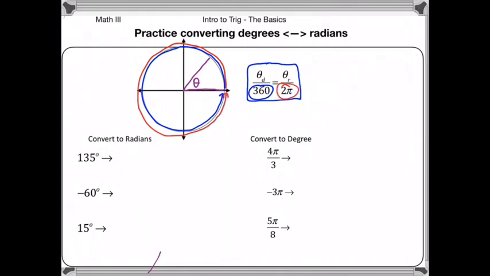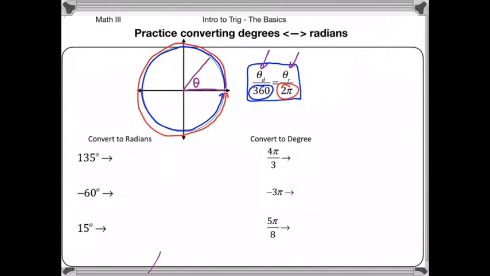Anytime we have degrees, we can plug in the degree measure and solve for radians. Or we can go backwards: if we have radians and want to solve for degrees, we plug radians in and solve for degrees, just by cross multiplying and whatnot. So let's do an example real quick. 135 degrees.